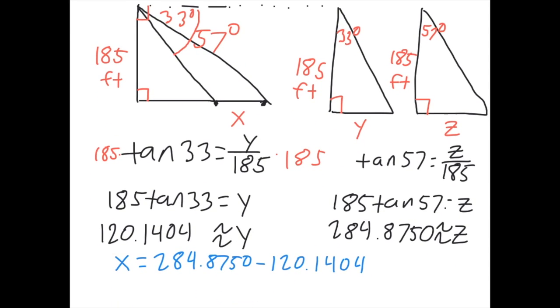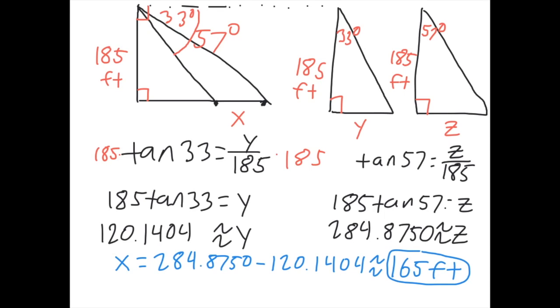So that means we have to round our answer. And so 284.8750 minus 120.1404 will round to 164.7, and so that would round to 165, the nearest foot. So after all that, this is our final answer.